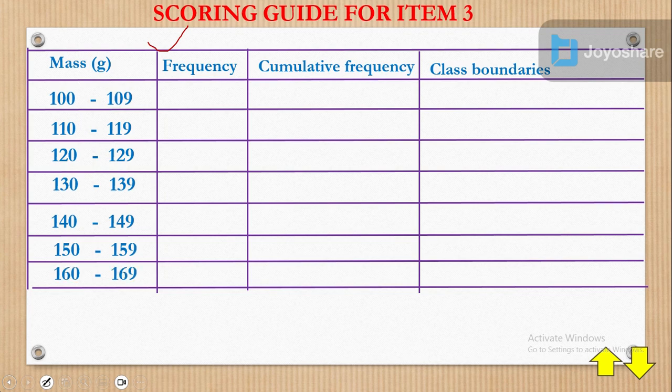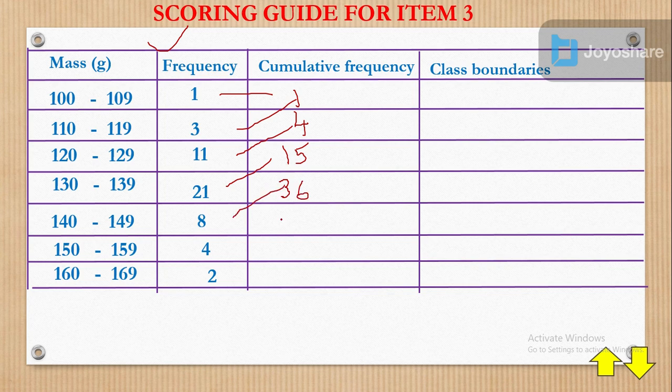As simple as that. The frequencies are 3, 11, 21, 8, 4, and 2. Now, how do you get cumulative frequency? We bring the first value forward, that is 1. Now, 1 plus 3, we get 4. This 4 plus 11, we get 15. This 15 plus 21, we get 36.